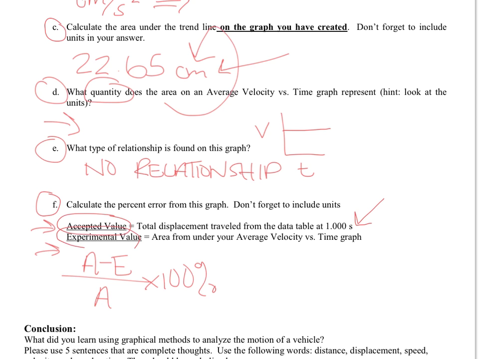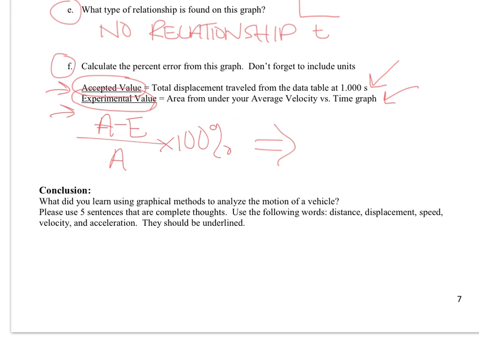And the experimental value is the area from underneath your velocity time graph, which we just calculated. So you have these two values. You can plug them in and see what percent off you are. Compare that to your other lab partners, because they'll have slightly different error because they drew their line of best fit probably slightly different than you. They averaged out as best they could. But there's error involved with that as well if we're not using a computer.